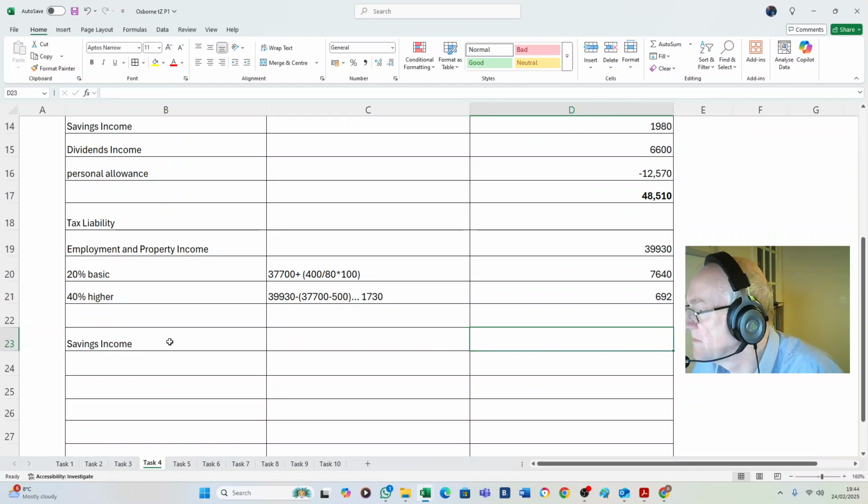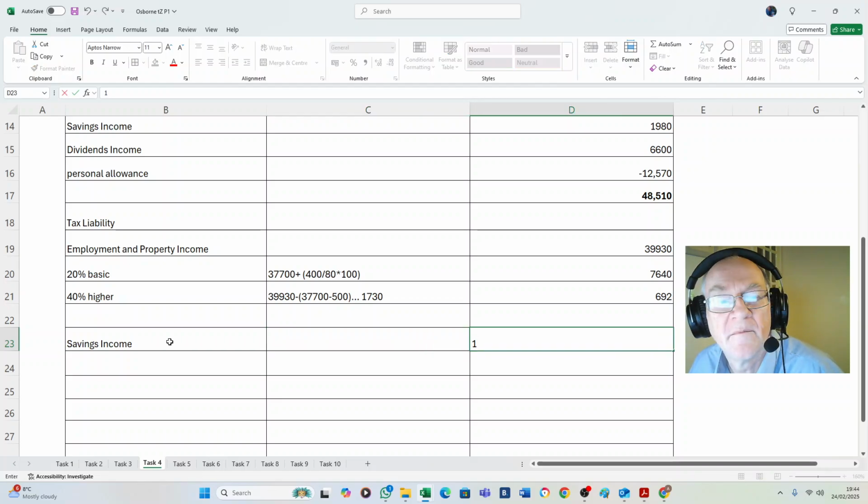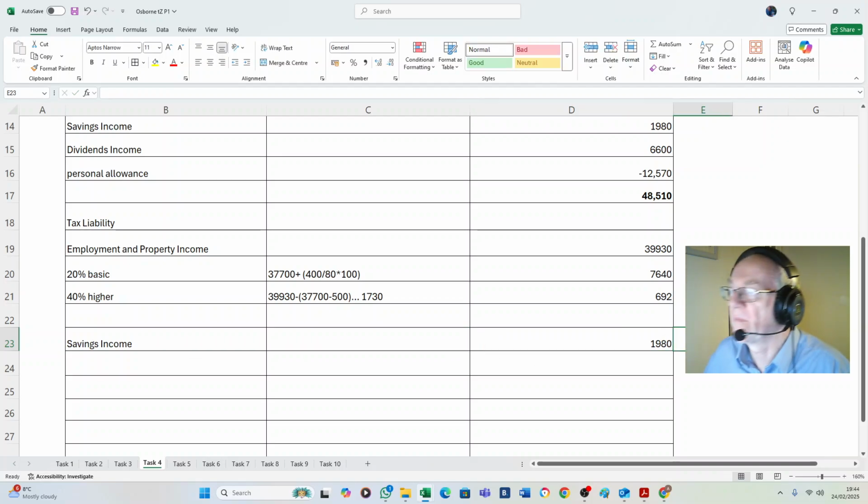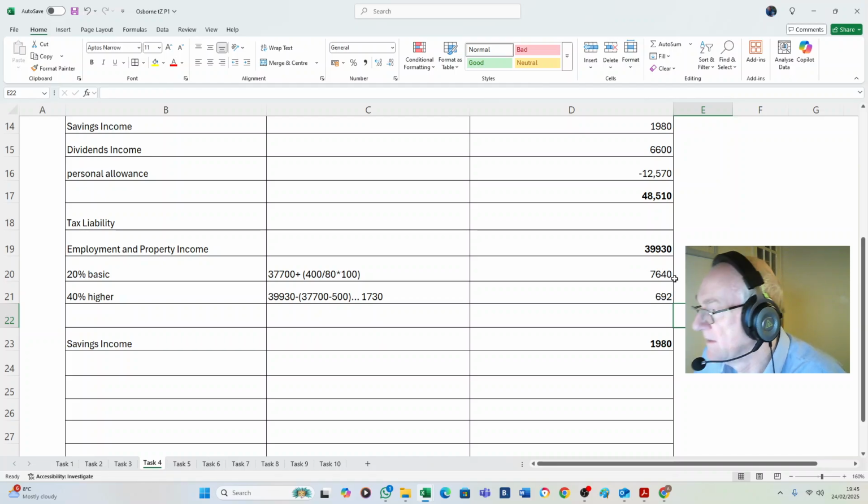Again, just make sure that that is a subheader, and it's going to be that minus. The tax liabilities are these two figures, not the 39,930. So again, you could put that 39,930 in bold here, wouldn't do any harm. You could put that there as well.